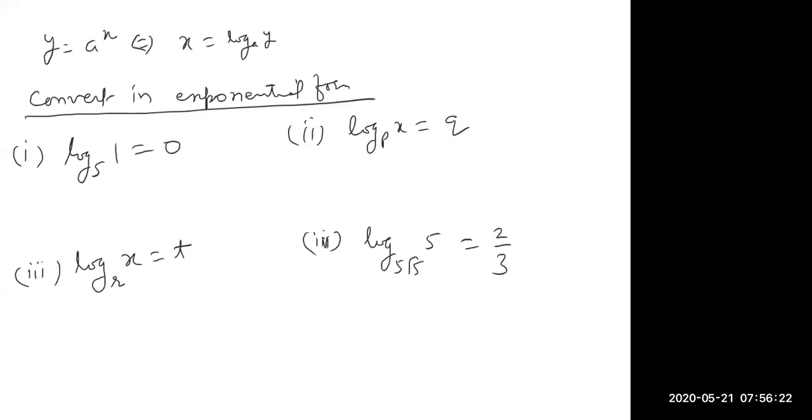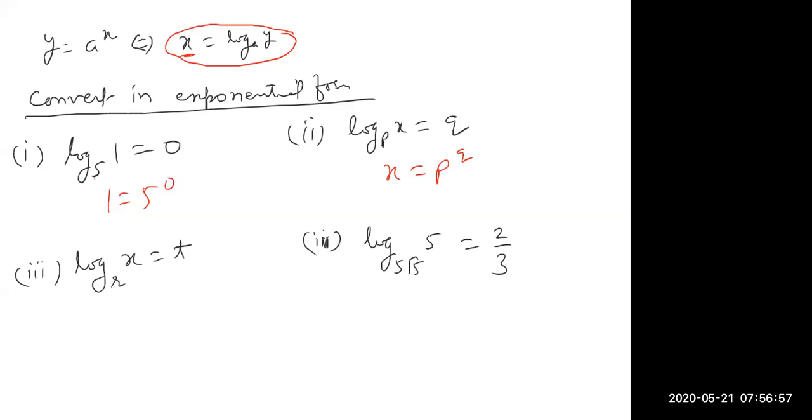That means now what is given? This form is given: x is equal to log y to the base a. So definitely y will be raised to power of this base. So you can write 1 is equal to 5 raised to power 0. This is the base. Here this is the base. So x is equal to, yes, very good, x is equal to p raised to power q.